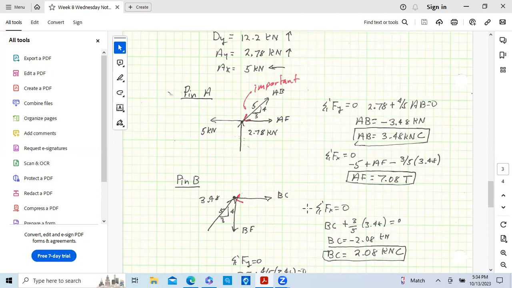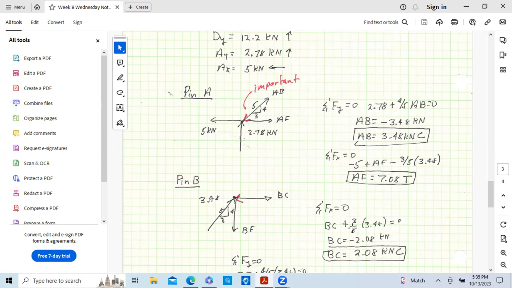Again, simple. Sum of forces in the X, either way, doesn't matter how you start it. Then I have BC, that shows the tension, and then the X component is 3/5 of 3.48. Again, this is compression here. The component is in the positive x direction. Compression and tension doesn't matter plus or minus, it's the direction. And so it's positive. So BC is equal to minus 2.08 kilonewtons.